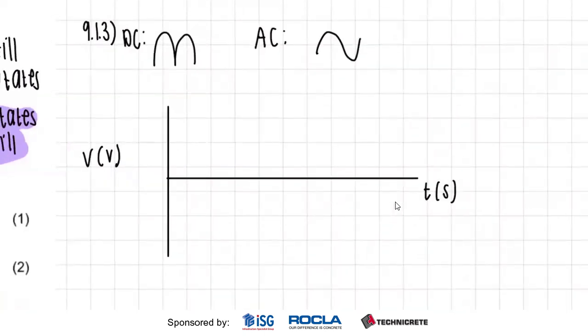It's just always the voltage on the y-axis and the time on the x-axis. Then one complete cycle is two little bumps, so we draw our two little bumps. We try to make them as similar as possible.